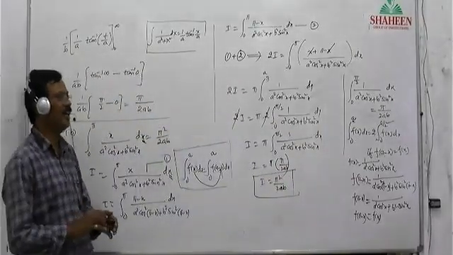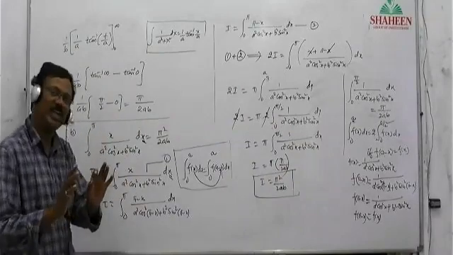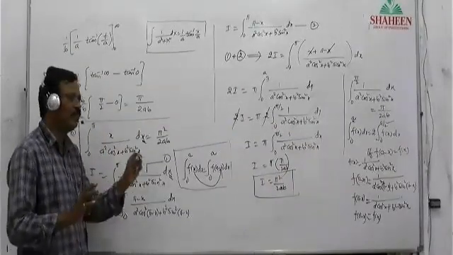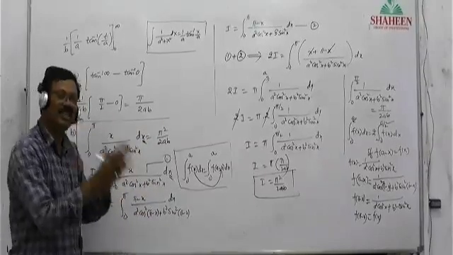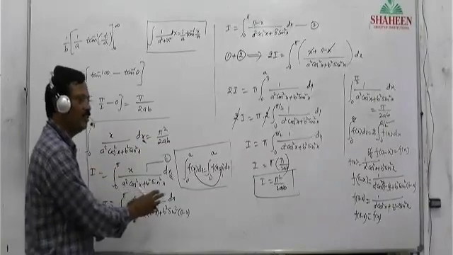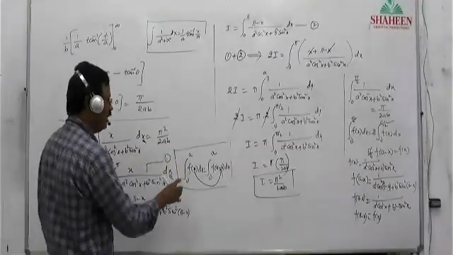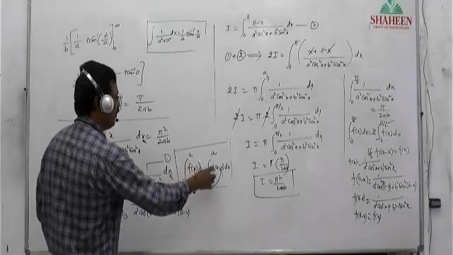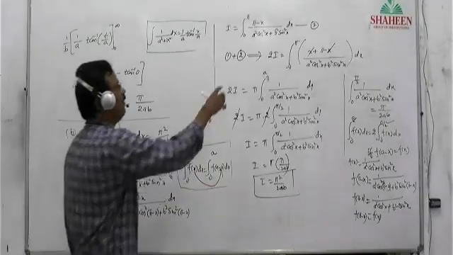Remember, wherever x is in the numerator, in every problem, you apply this method: the integral from 0 to a of f(x), f of a minus x. This is equation 2.